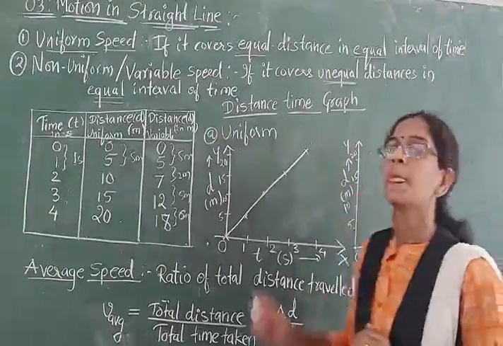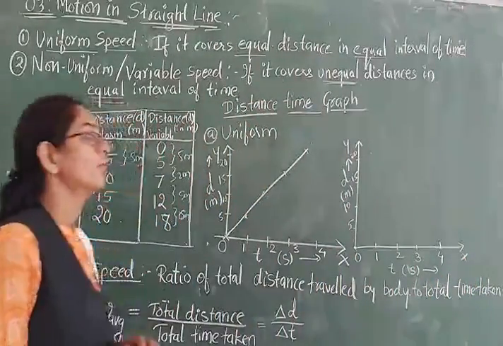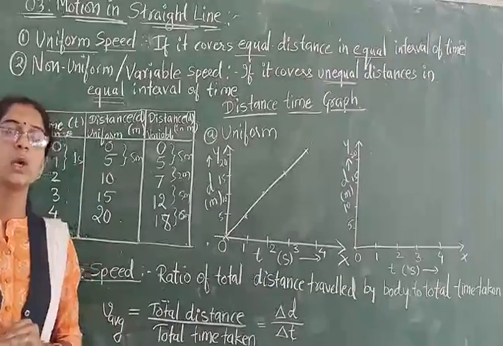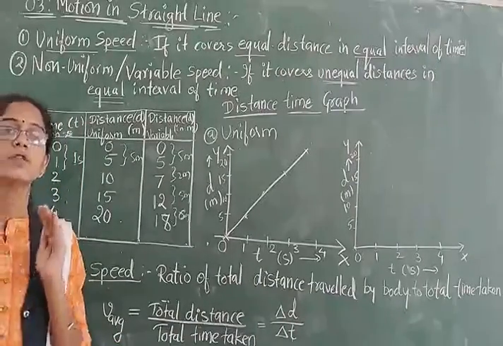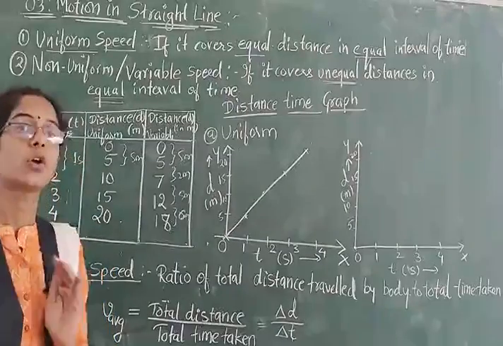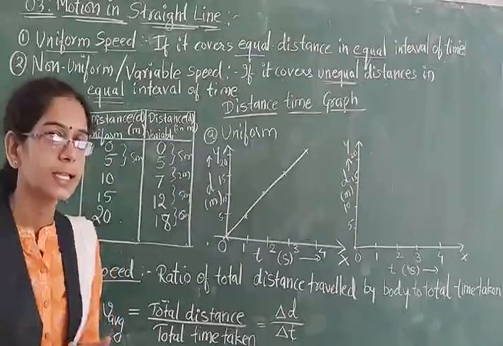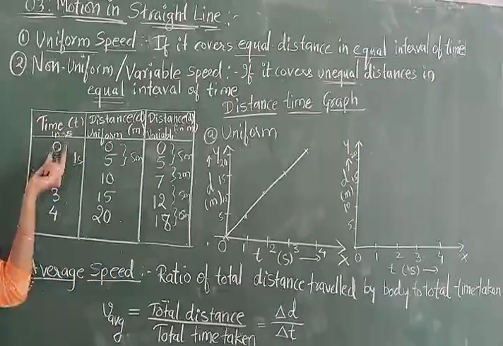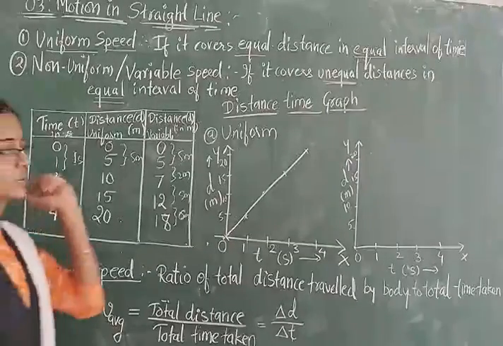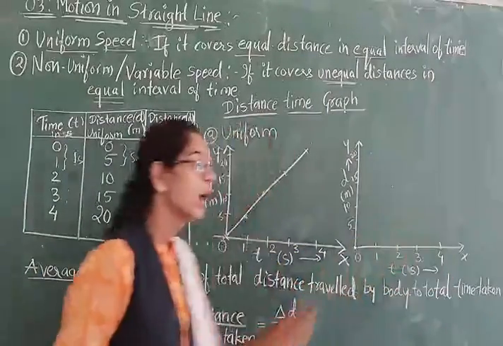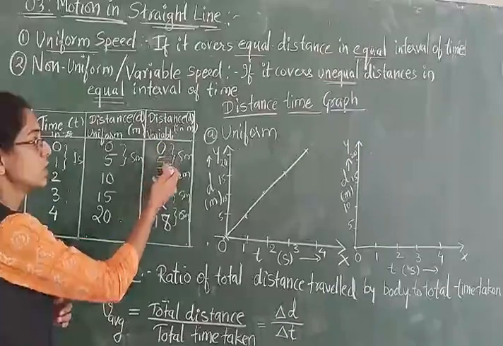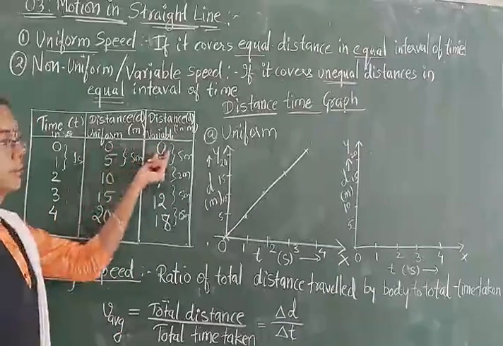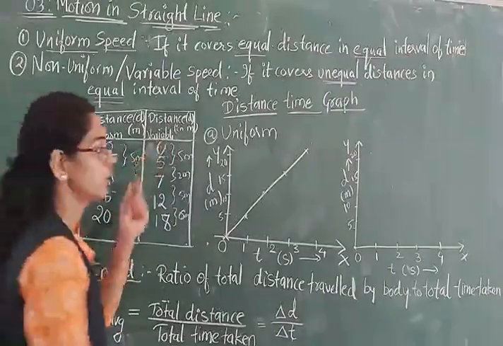Is the point clear? Then, when we plot a graph for non-uniform speed, wherein the speed of the object is not remaining constant, the time is 0, 1, 2, 3, 4 and so on. Similarly, I have drawn here, and the speed is changing. For the 0th time interval, it is 0.